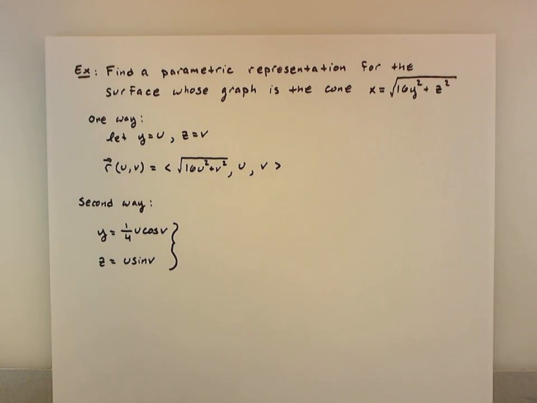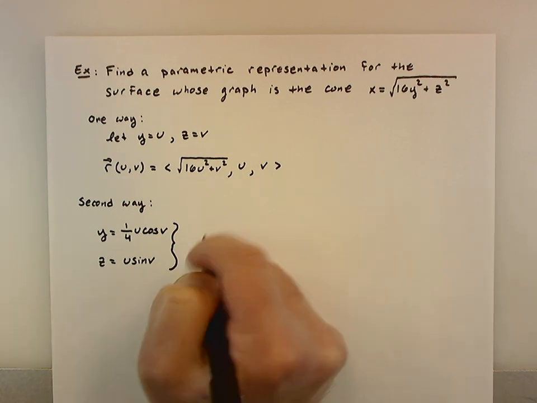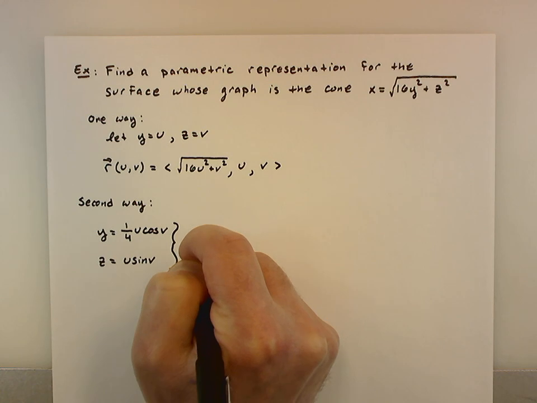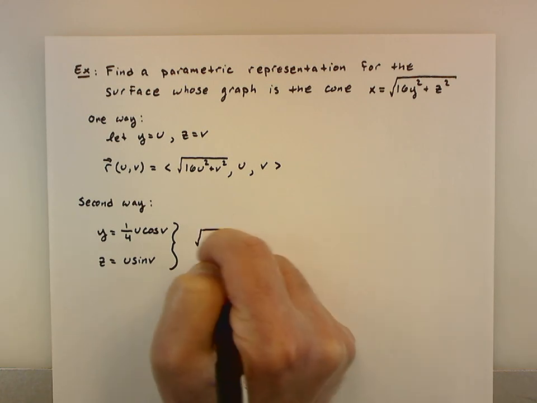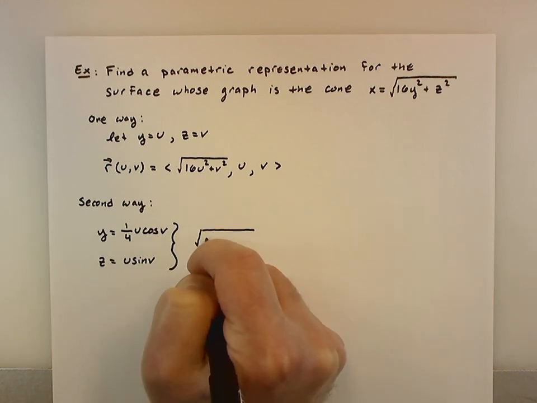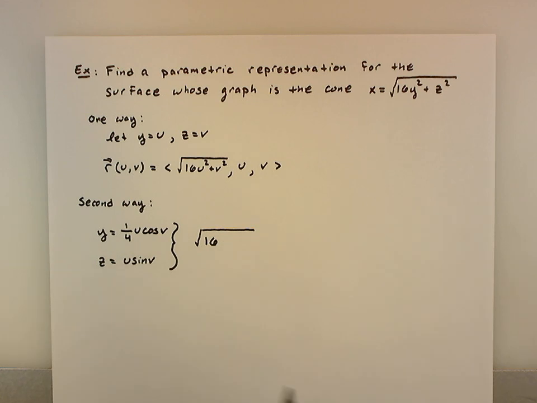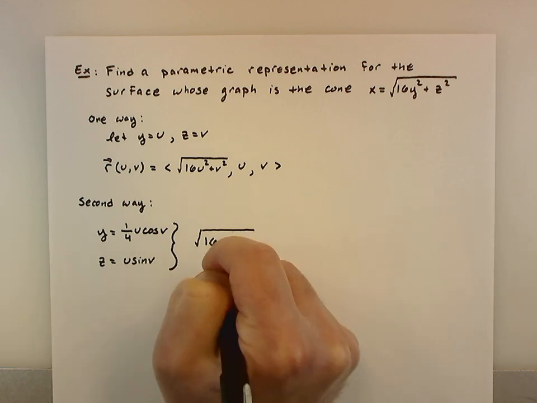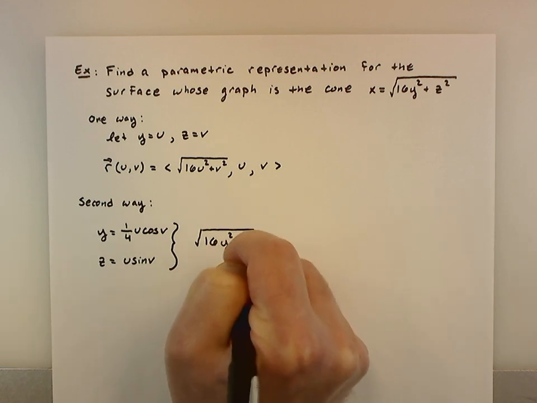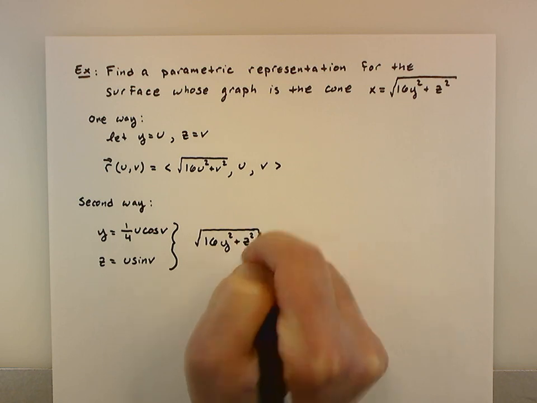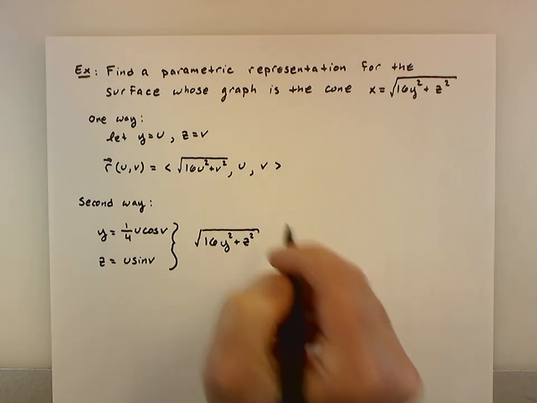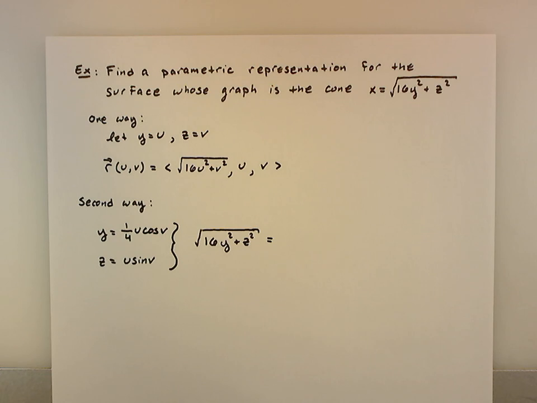Then if I combine these two, the original x equals the square root of 16y squared plus z squared equals, I should get x, and that's my choice to designate y is equal to this and z is equal to this.